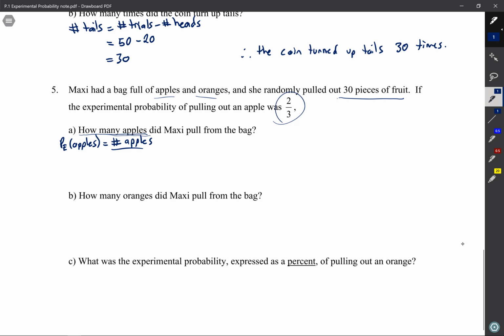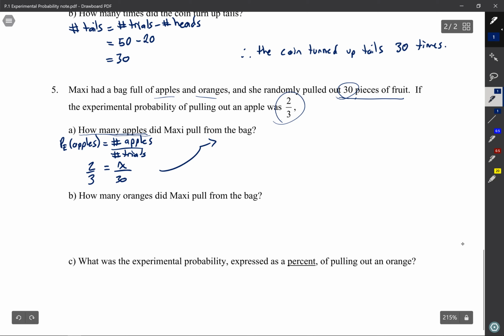Here she randomly pulls out 30 pieces of fruit, so that piece of information is important because that's our number of trials. The number of trials is 30. Now the number of apples, we're not sure. That's what we're trying to figure out, how many apples. So we can just represent that by writing in an X. And our experimental probability of pulling out an apple, we are given that. It's 2 over 3.